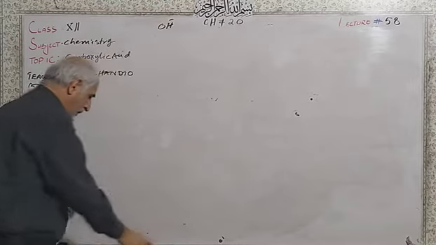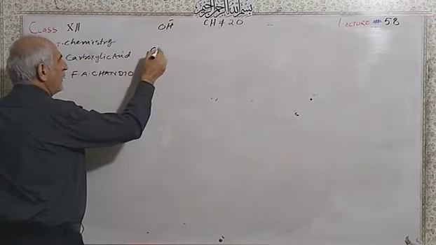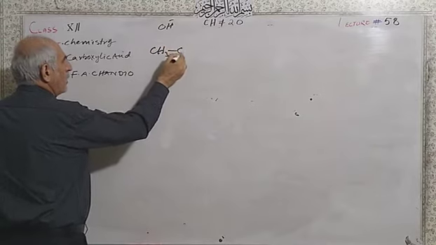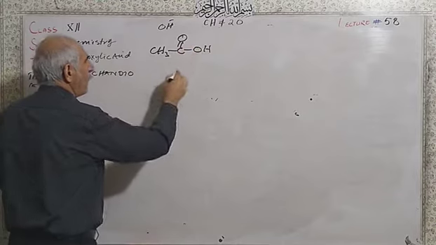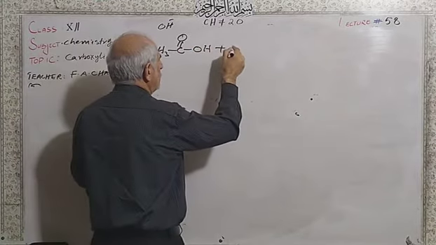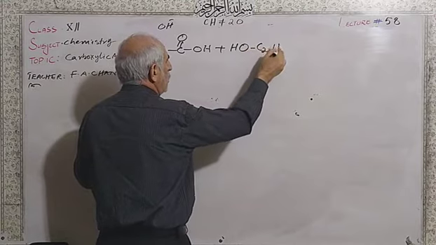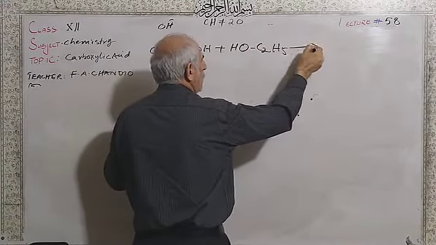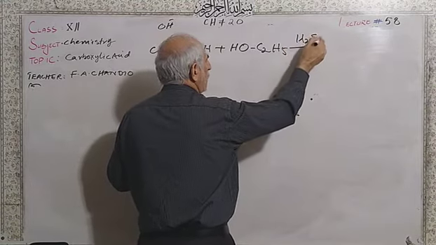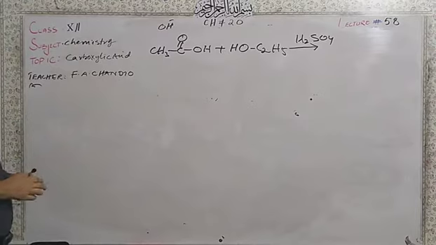Now esterification. In the esterification, you have carboxylic acid plus ethanol, alcohol, and mineral acid. So this is the ethanol and this is the carboxylic acid.